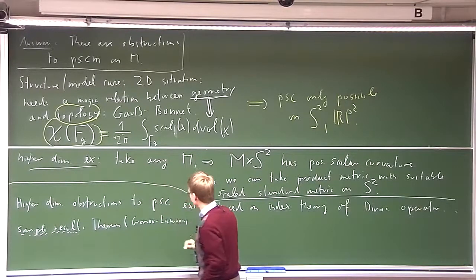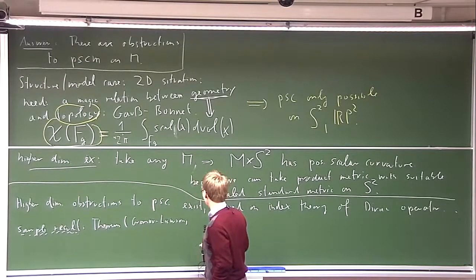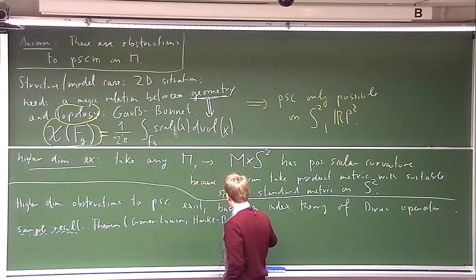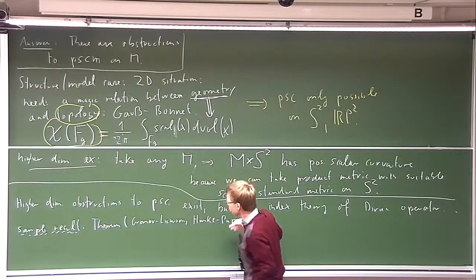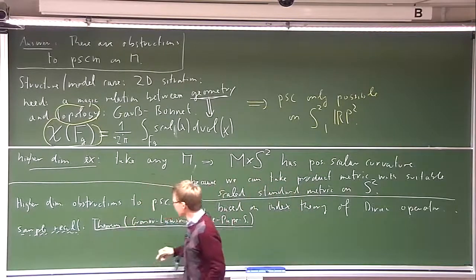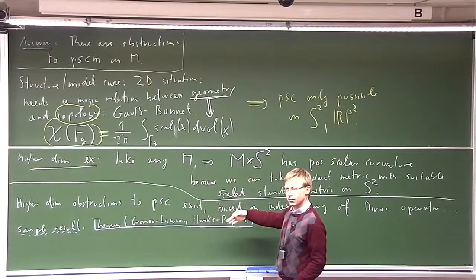And this general formulation is due to Bernhard Hanke, Daniel Pape, myself. So this is a jump now. I'm just giving you a sample theorem of the kind which works, and you will see much easier ones just a little bit later.